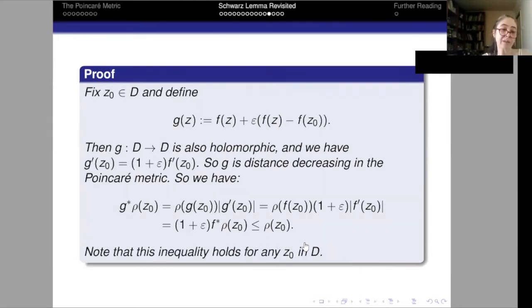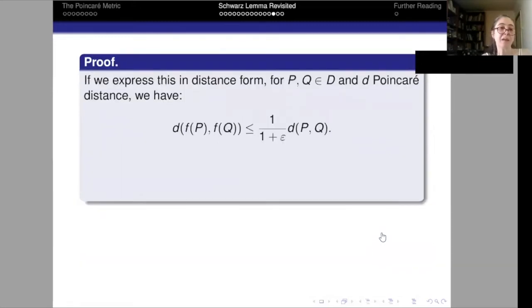Note that this inequality holds for any z0 in V. If we express this in distance form, for P, Q in D and the Poincare distance, we have d(f(P), f(Q)) is less than or equal to 1 over 1 plus epsilon times d(P, Q). Note that this also says that f is a contraction.